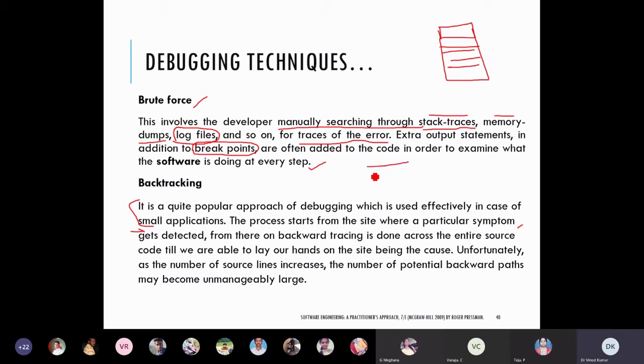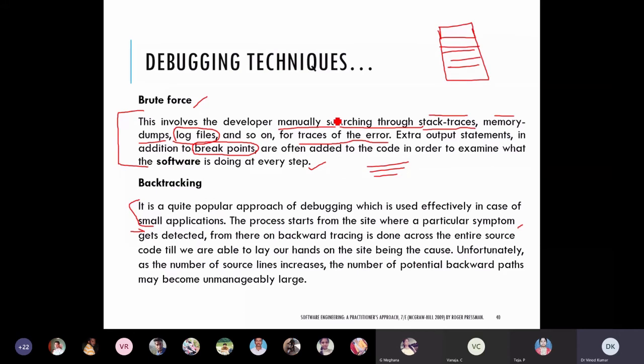You can check each step by seeing whether the printf output is coming or not.